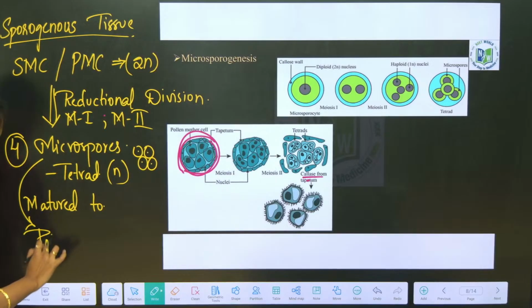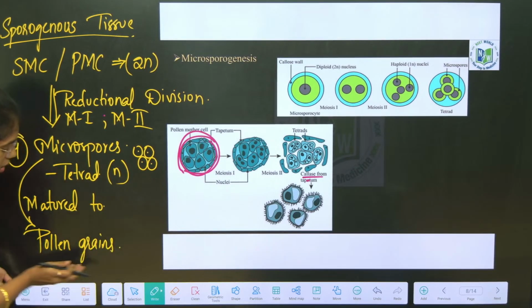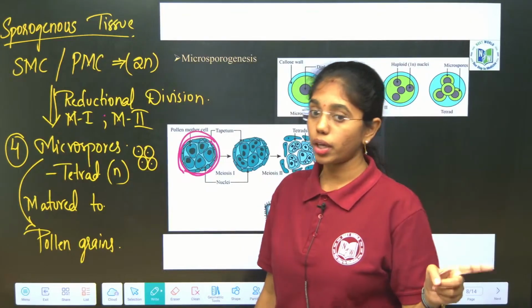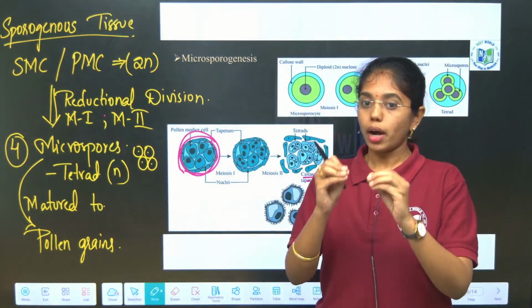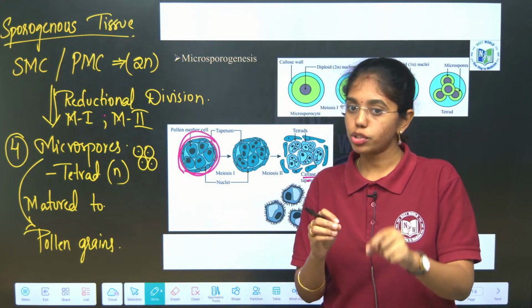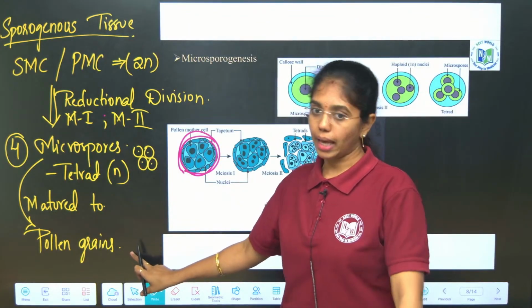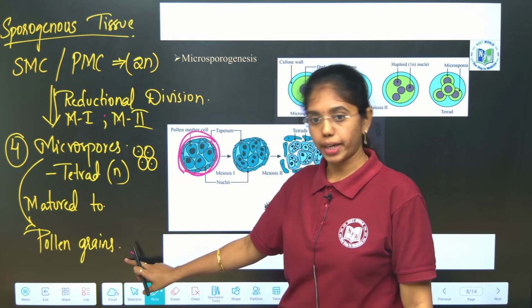Pollen grains are male gametophytes. I already told you the meaning of a gametophyte in the plant kingdom: any plant body which is bearing the gamete is called a gametophyte. So the pollen grain here is the male gametophyte.